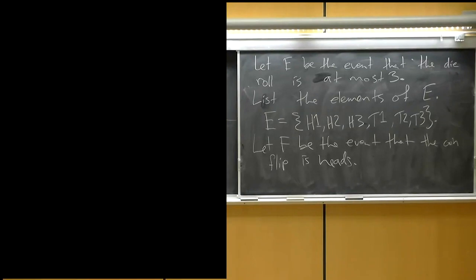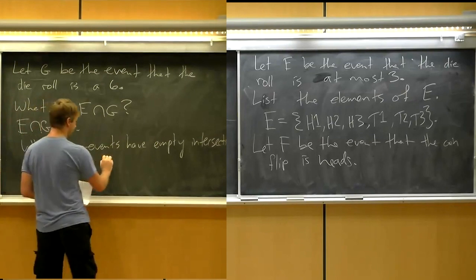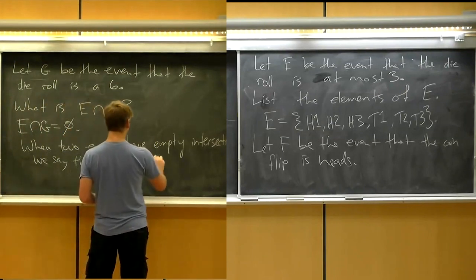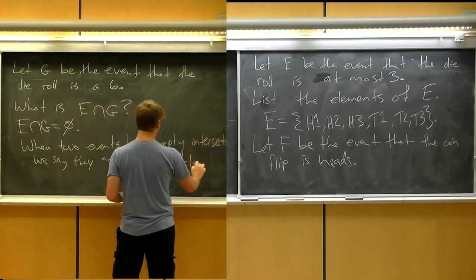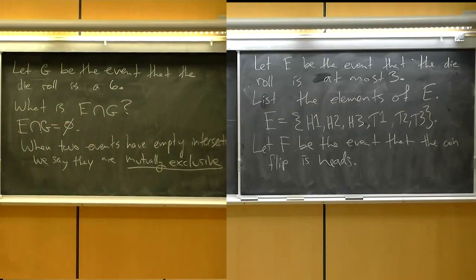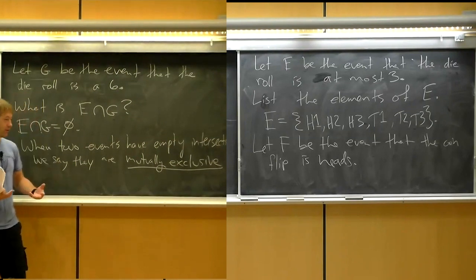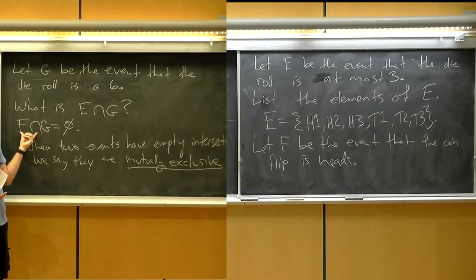When two events have empty intersection, we say they are mutually exclusive. That just means those events cannot happen at the same time. They cannot both occur. So if you're asked on a test, are these two events mutually exclusive? Then the question it's asking you is, do they have empty intersection or not, basically?